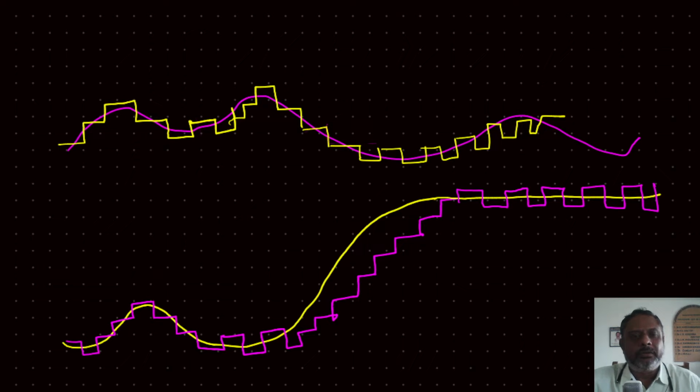So if the quantization period, that's the sampling period, and the quantization level are properly matched with the input signal, whatever the quality of the signal we have, and for that property of the signal, if our quantization level and sampling rates are properly selected, then we may get a situation like this, and it would be a better solution.